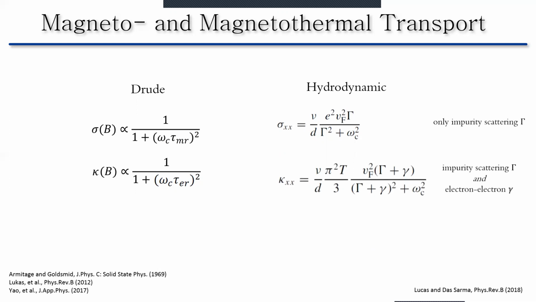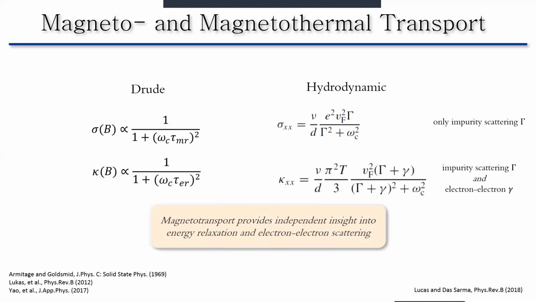In other words, the electrical conductivity takes the impurity scattering, while the thermal conductivity takes the impurity and the electron-electron scattering, right? So this is, in some sense, evoking those rudimentary arguments that I was showing you.